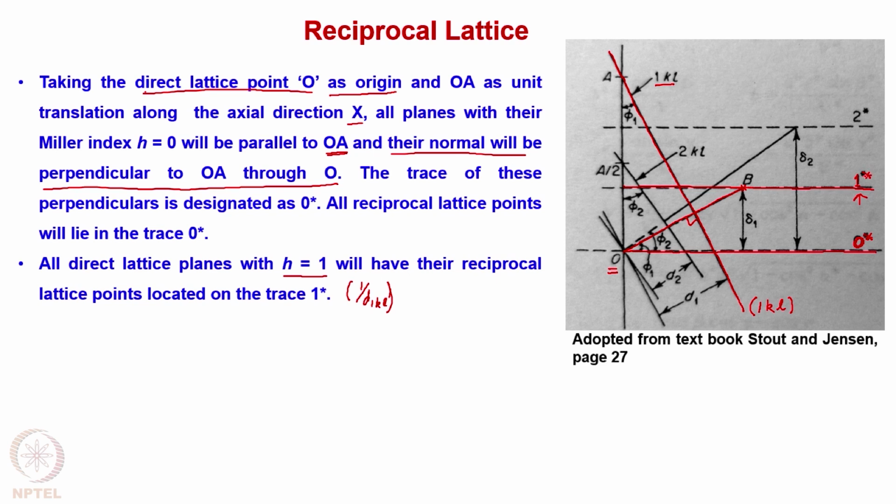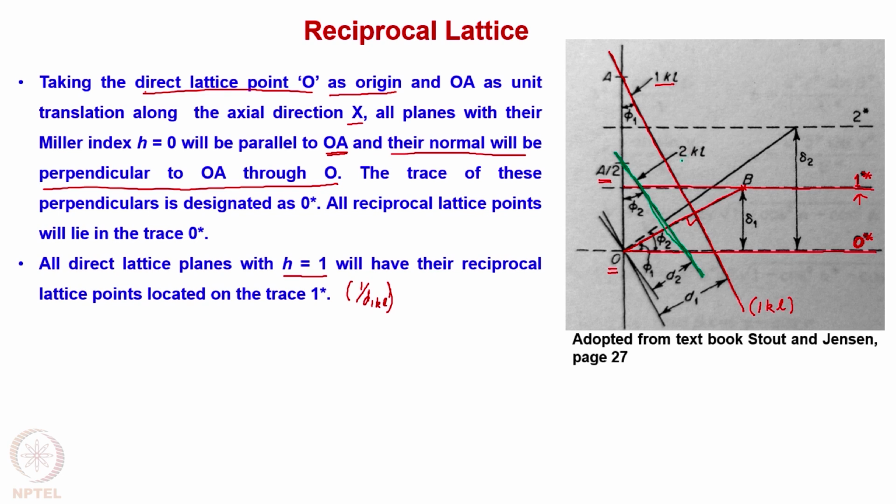In the same manner, the planes which pass through the midpoint of OA, which is A by 2, the plane which I am drawing in green, is marked here as well.